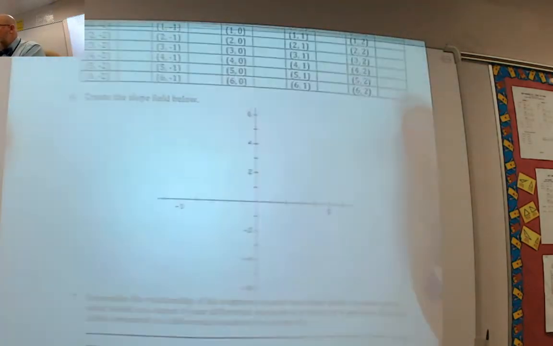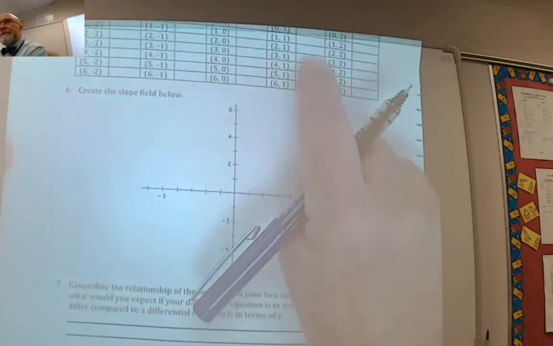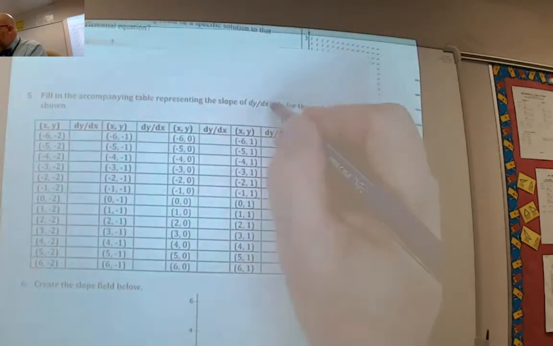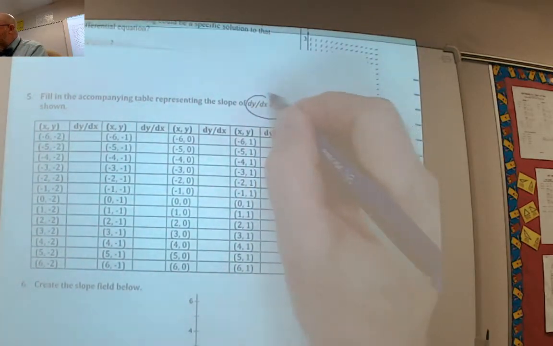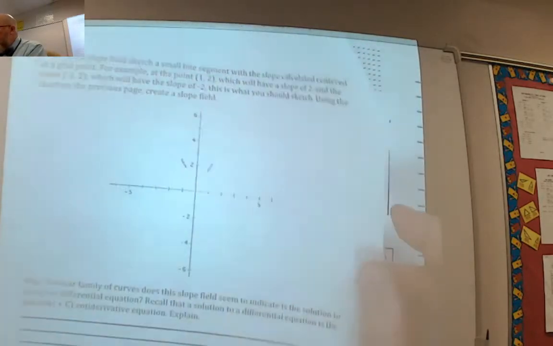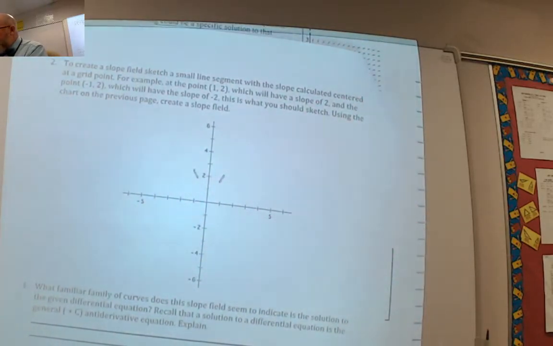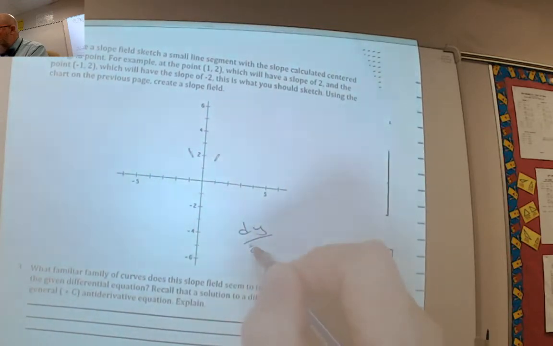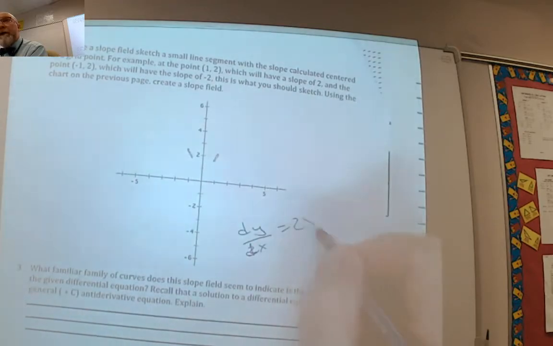Again, another chart. Right? And then you had this, correct? The difference was dy equals 2y. Over here, this was dy dx equals 2x, correct?